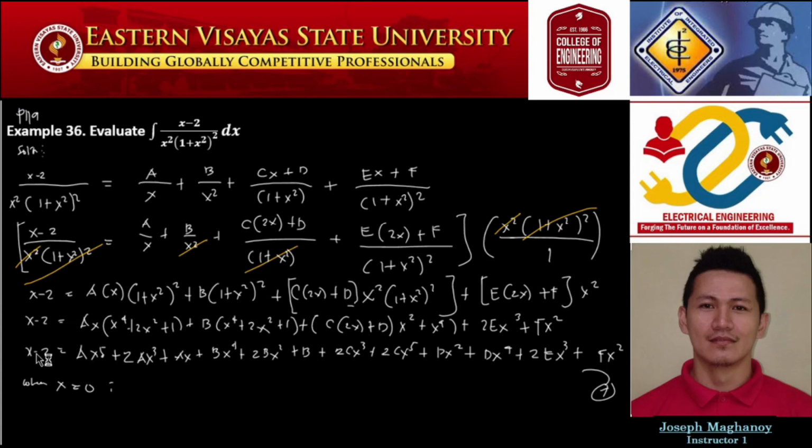If x is 0, the remaining is negative 2 equal to B, and everything else is 0. So it's obvious that our B is negative 2.